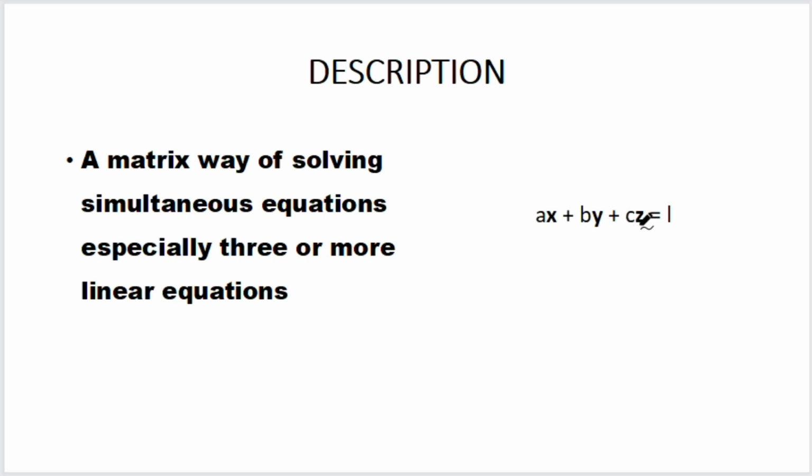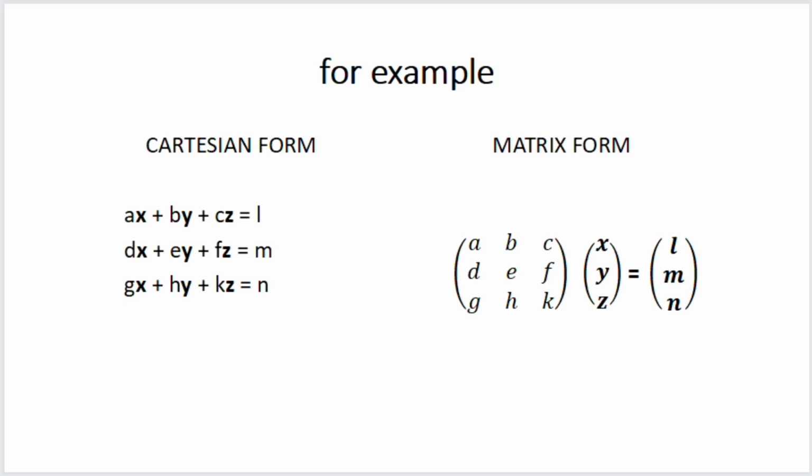We have to find them using simultaneous equations, and since we're dealing with simultaneous equations, we cannot have only one equation. So how does a simultaneous equation look like?